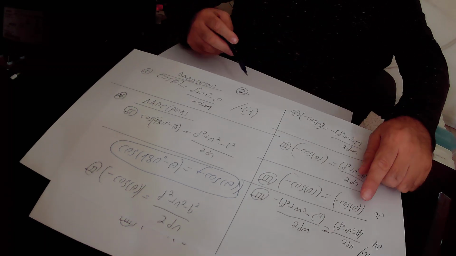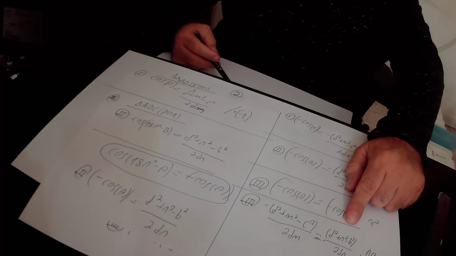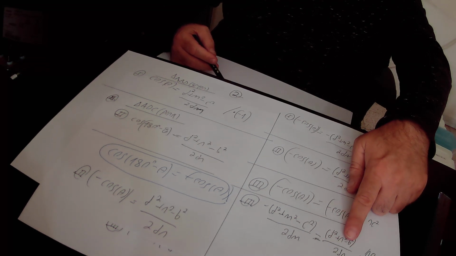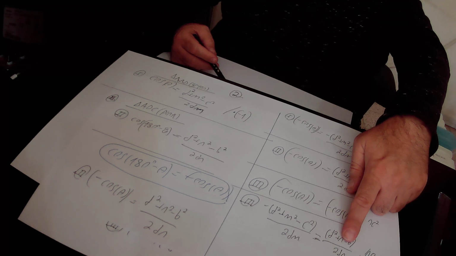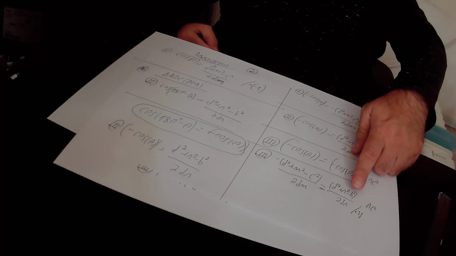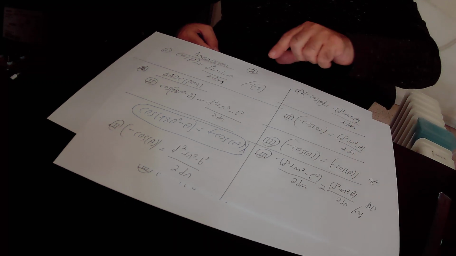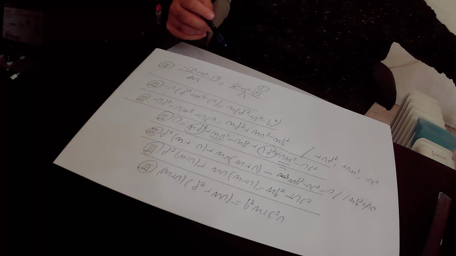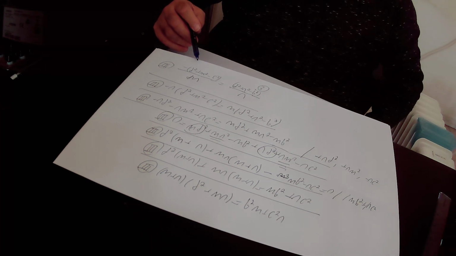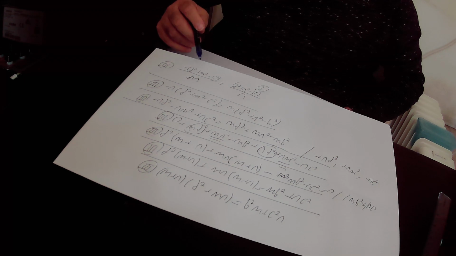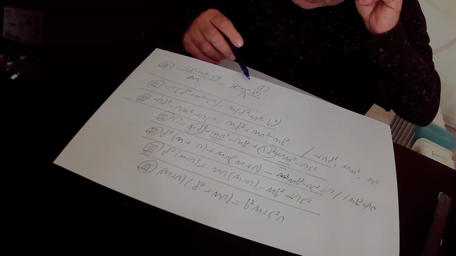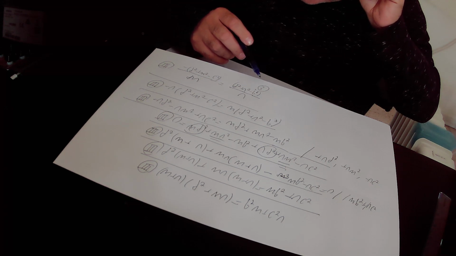And here we multiply this side of equation number 3 by 2d. So 2d over 2d is 1, and in the denominator we are left only with n. The numerator didn't change. So in conclusion, we found out that minus d squared plus m squared minus c squared over m equals d squared plus n squared minus b squared over n.